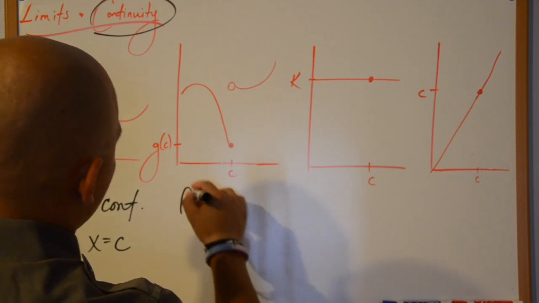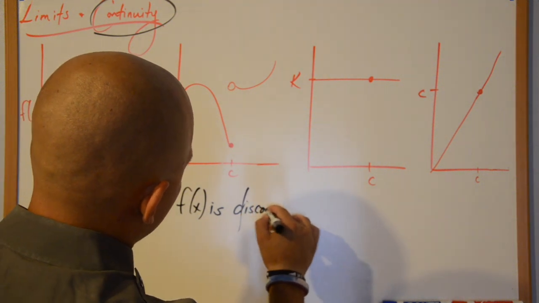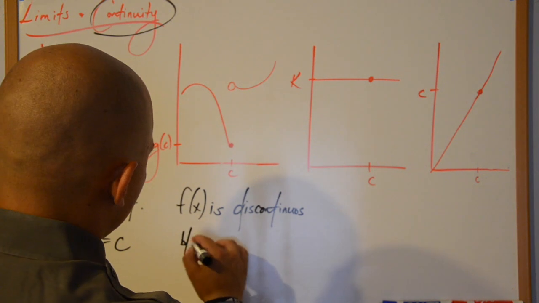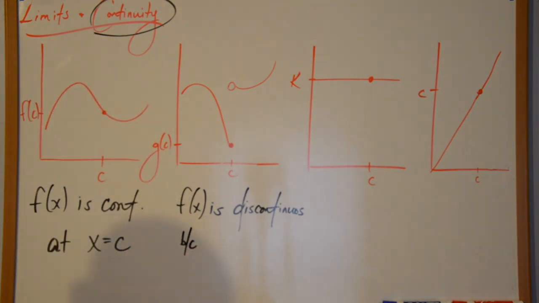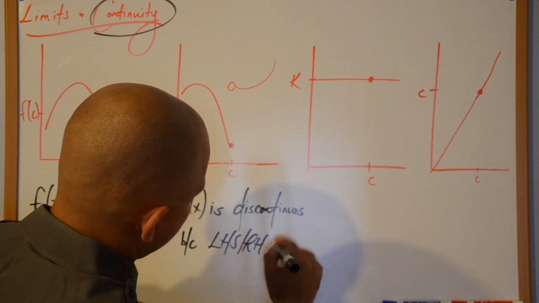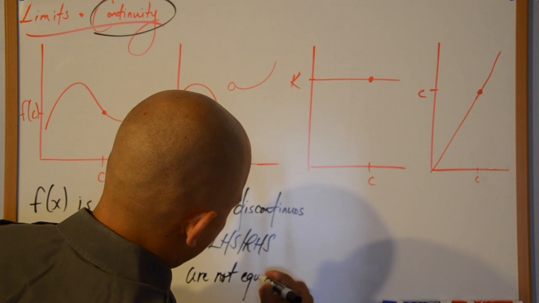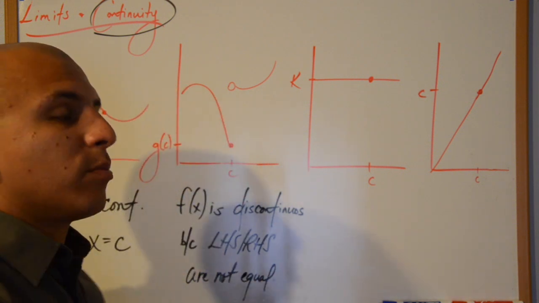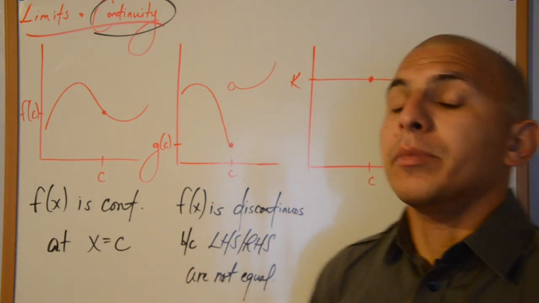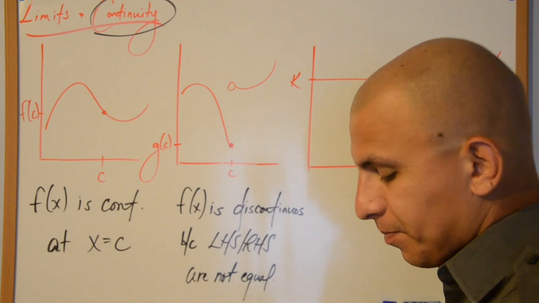So here we would say that f of x is discontinuous because the left-hand and right-hand sides are not equal. What we mean by that is that the limits from the left and the right-hand side are not equivalent.